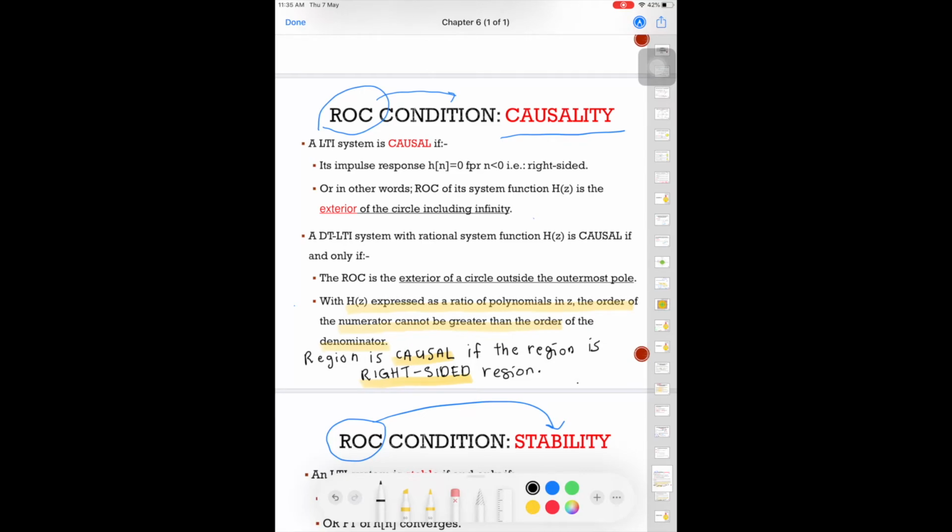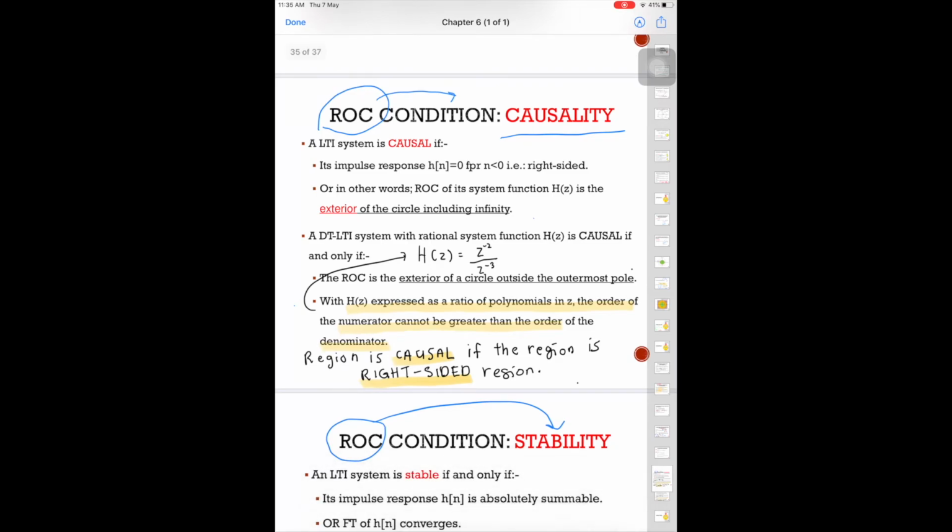For example, for the numerator part, the highest order is -2. For the denominator part, the highest order is -3. So what happens if your numerator part is Z -3, but your denominator part is Z -2? What you have to do is long division.